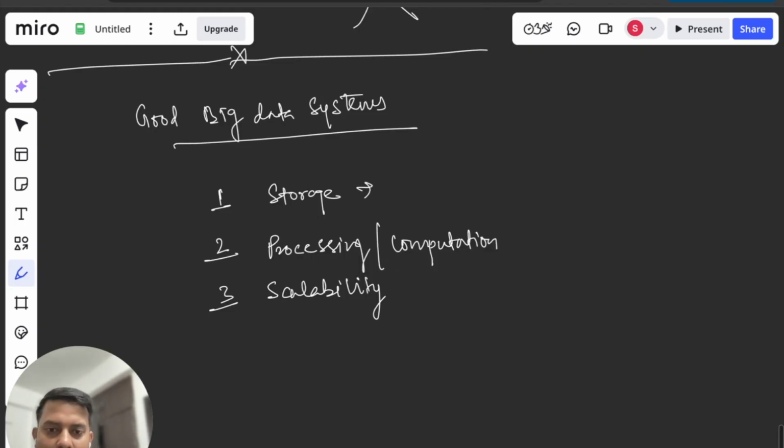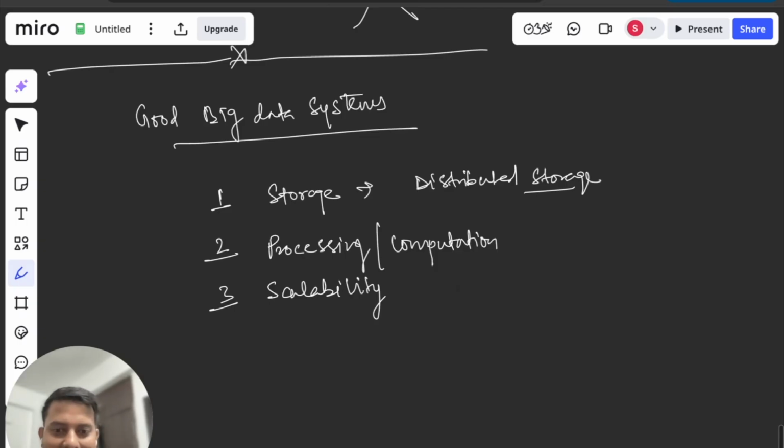The answer is distributed storage. You might be relating this to the distributed system, and yes, that's correct. The huge data will be stored in distributed storage. Again, think about how huge data can be processed, and in what manner?